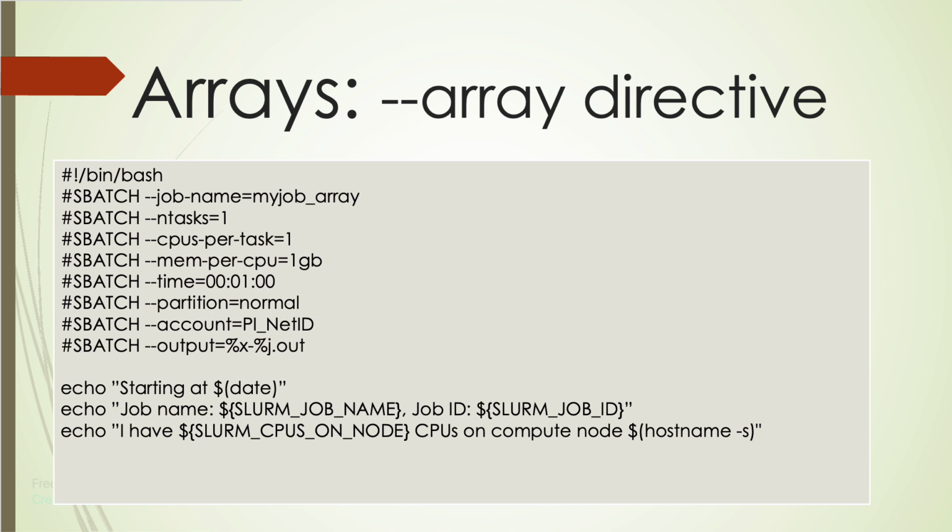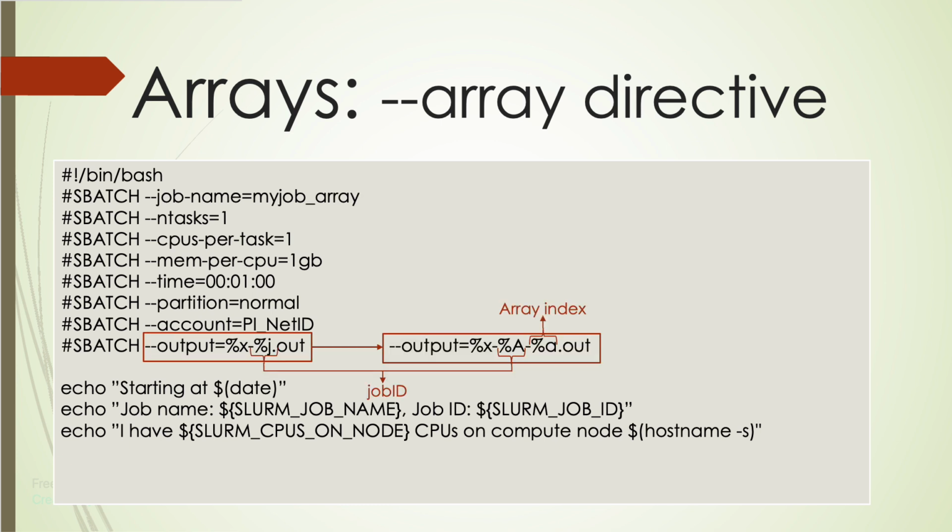And we'll edit the name of the output file. Instead of using %J for the job ID, we will use %A, and we will add %a for the array index.